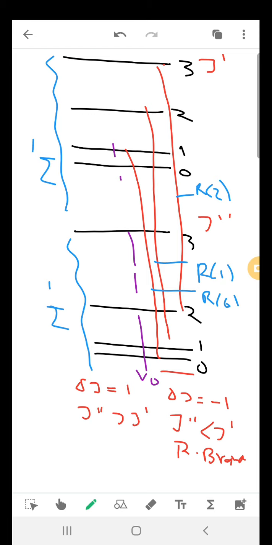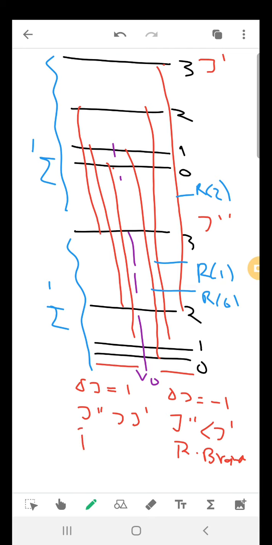That means from 0 it will first go to 1, from 1 it will go to 2, from 2 it will go to 3. So this corresponds to the P branch. So we have two branches, one P branch and one R branch, one for ΔJ = +1 and one for ΔJ = −1.